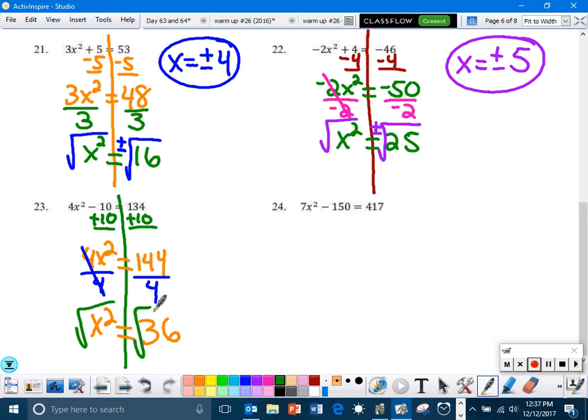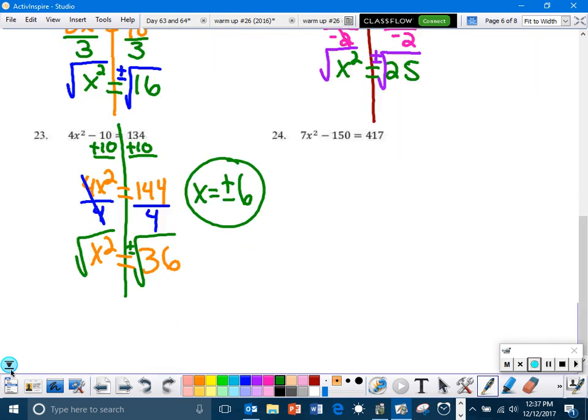Last step. So x is plus or minus, positive or negative 6. Okay, 24, I'm just going to go ahead and solve it without talking.